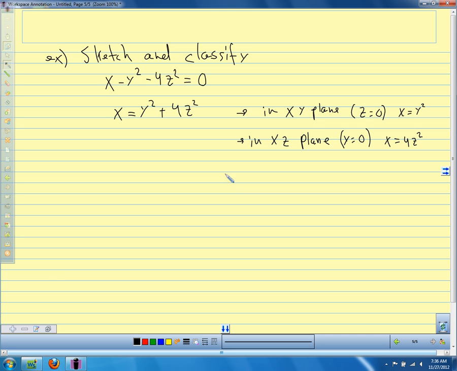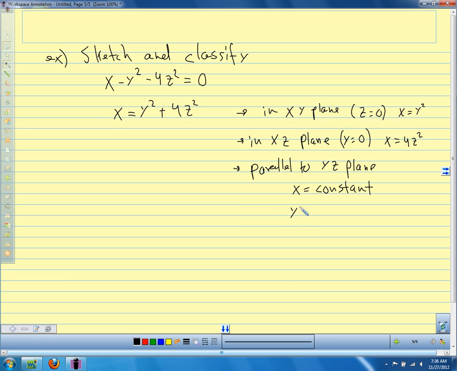yz plane. So x equals a constant. If x equals some constant, what is my curve going to be?